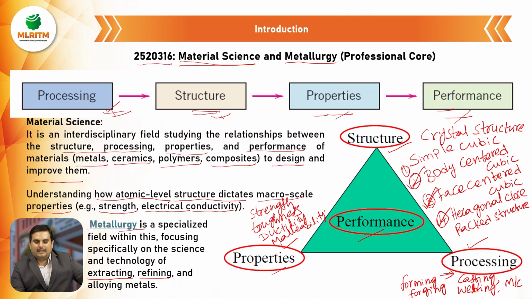These are the different mechanical properties we have, and along with this, the material will have optical properties and chemical properties. Once the material is processed, it will have certain properties. Based on these properties, the material behavior, that is its performance, depends.